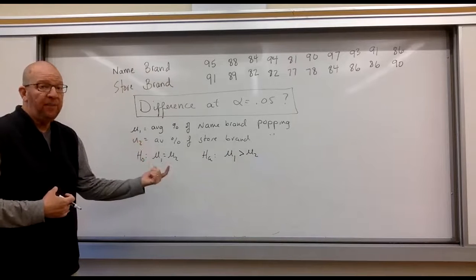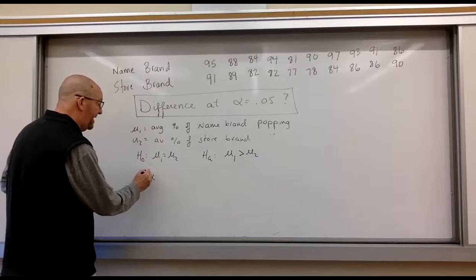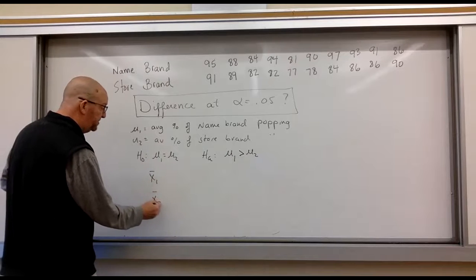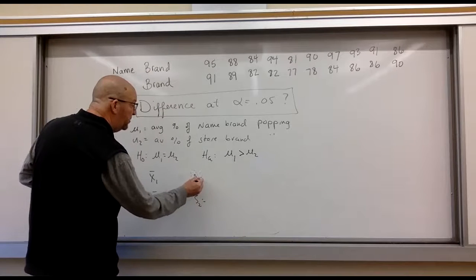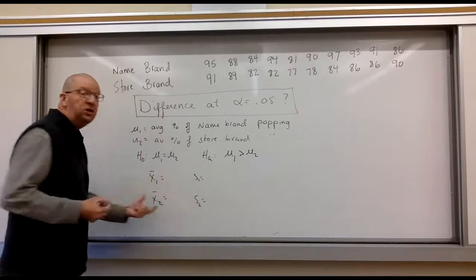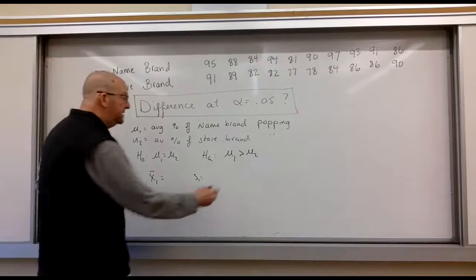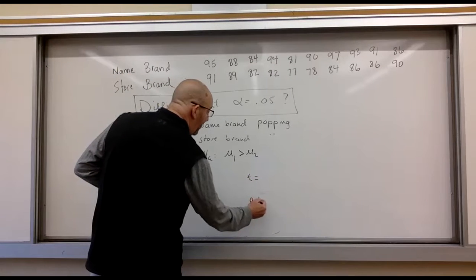Now, what's going to happen is our calculator is going to evaluate for us x bar sub 1 and x bar sub 2, and then s sub 1 and s sub 2. We'll get those 4 values, and we need to show those 4 values. The next thing we're going to get is a t-value and a p-value.